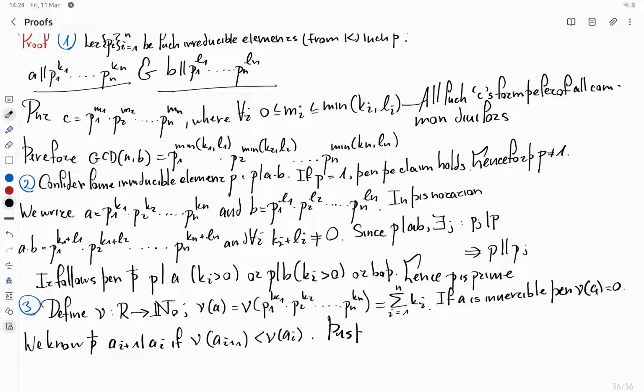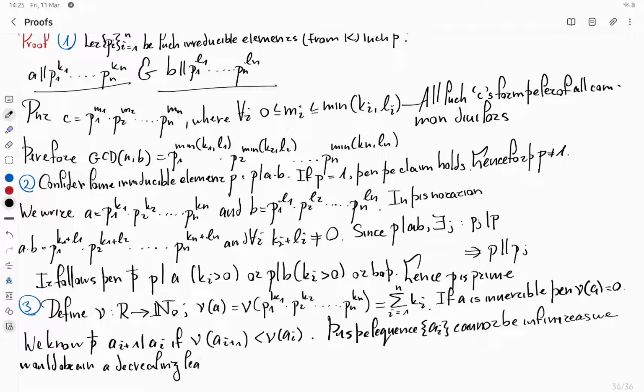Thus, the sequence of A(i)s cannot be infinite, as we would obtain a decreasing sequence of non-negative integers.